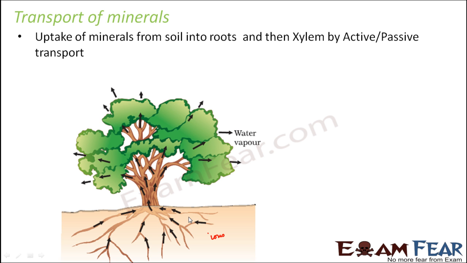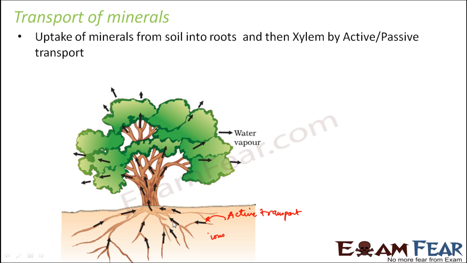So roots are already very rich in minerals, but still they don't want to lose those minerals. That is why the minerals are taken up by active transport. So even if the concentration of minerals is higher in the roots than in the soil, by additional expenditure of energy, the carrier proteins transport the minerals from the soil into the roots.